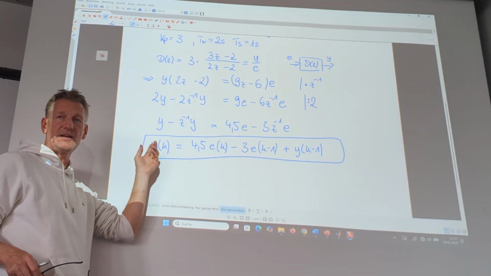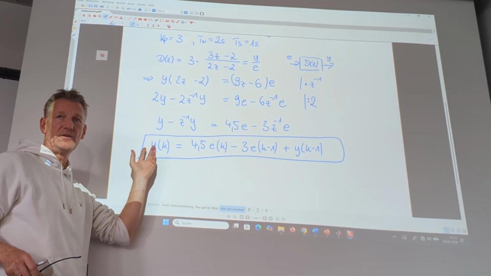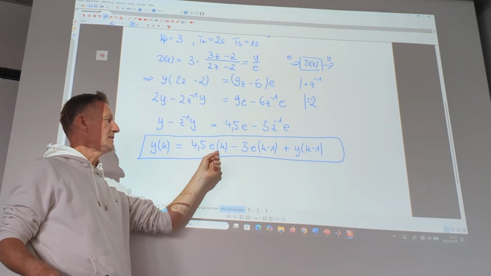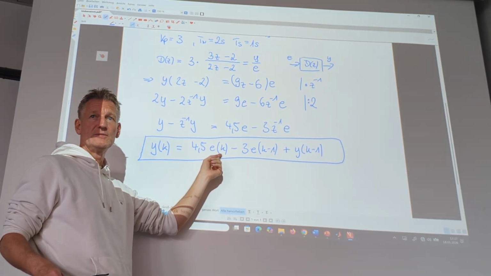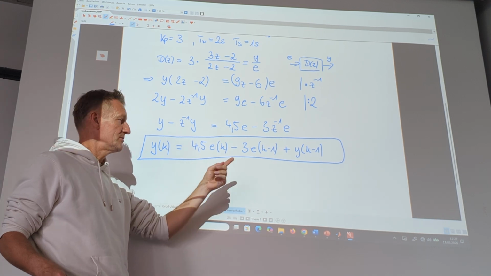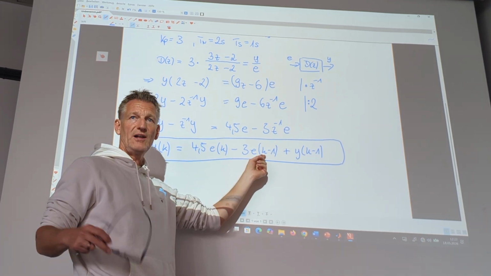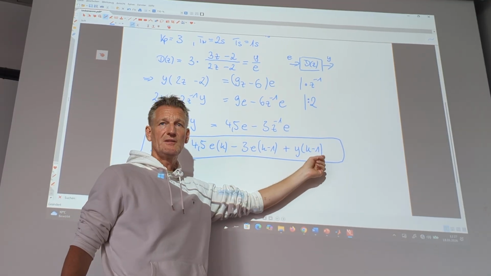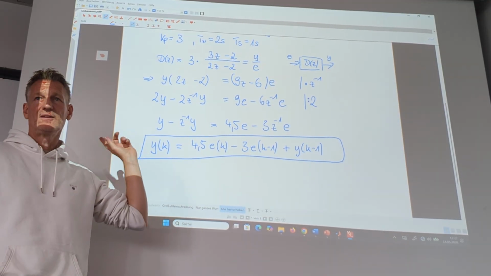In order to calculate the new value for y at the output of the controller, you need the actual value of the error multiplied with 4.5. You need the old value of the error from your memory, and you need the old value of y that you store.